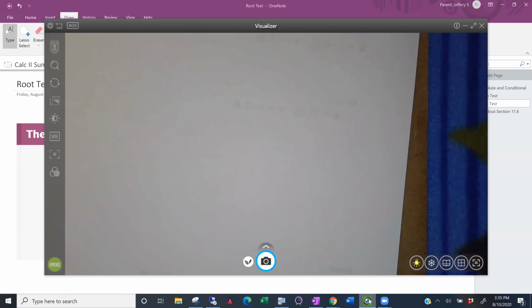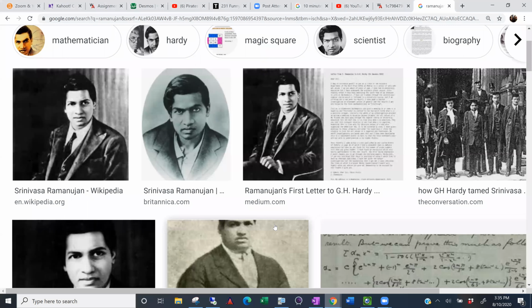So one of the more famous mathematicians in history is a guy by the name of Srinivasa Ramanujan, and here's a picture of him. He's an amazing mathematician. I think he died when he was like 32 years old. He was born in the late 1800s and lived till 1920. He was totally self-taught.